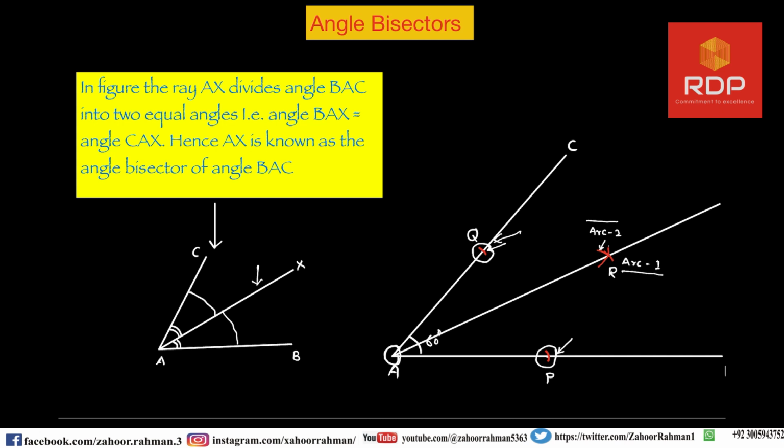Dear learners, don't erase these arcs after drawing the lines, because the examiner will not understand how you drew this line A, let me say X. If it is of a bigger size, then after finding the line, you can reduce its size like this.